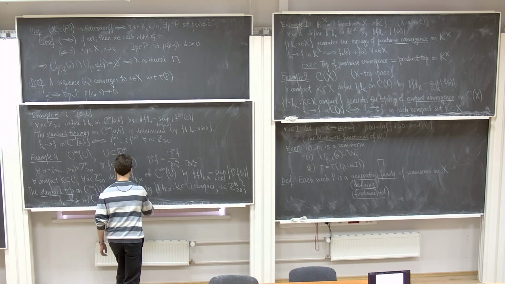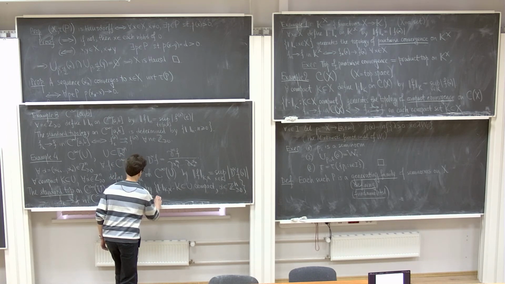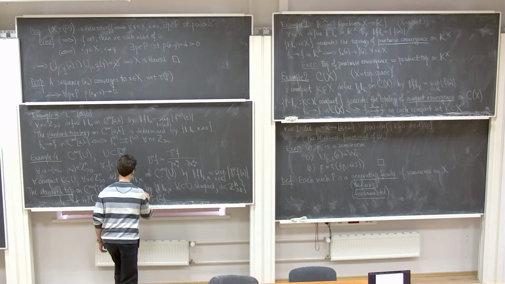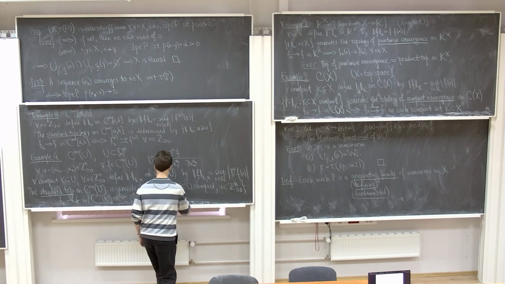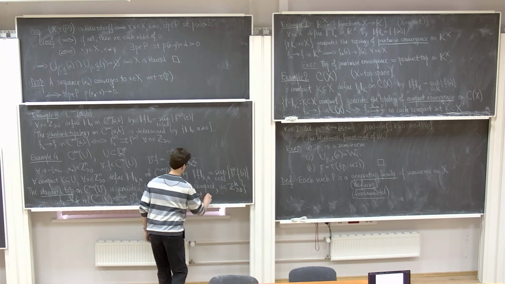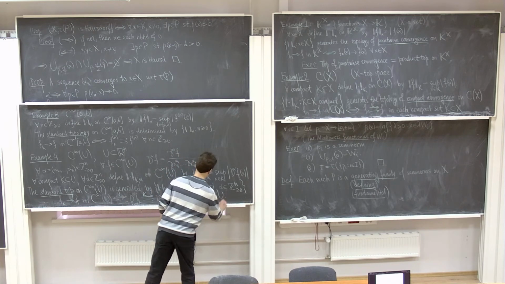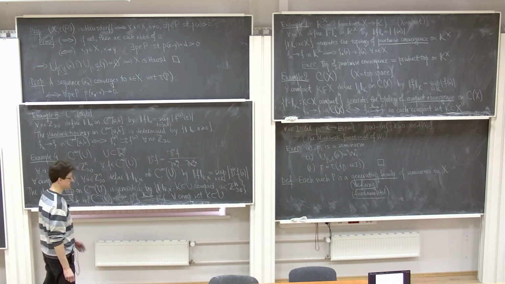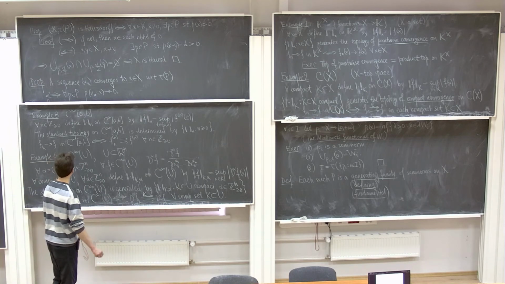D alpha Fk converges uniformly to d alpha of f over big K for each compact set big K in U. This is the standard convergence in C infinity of U.